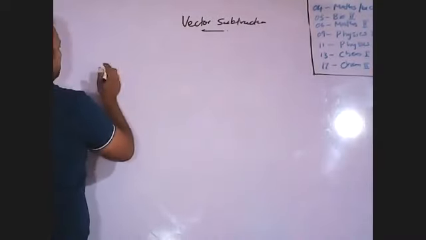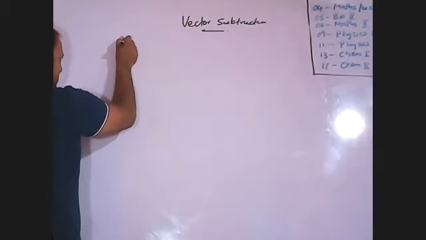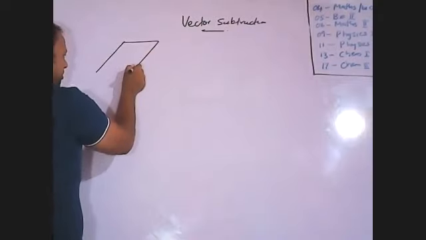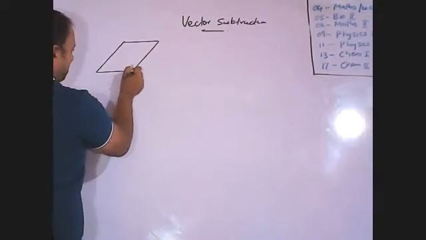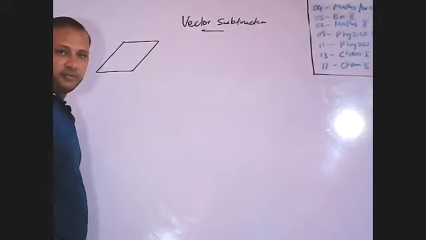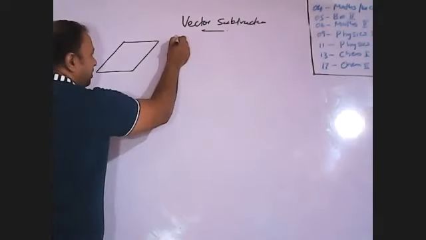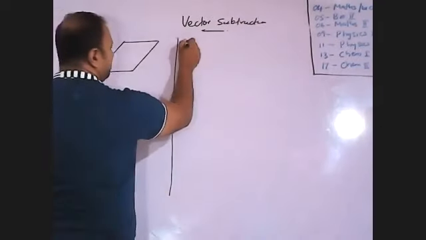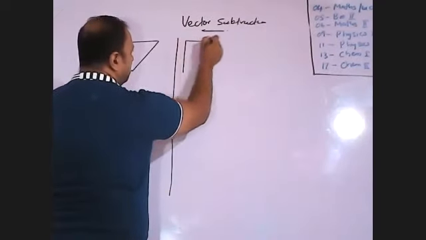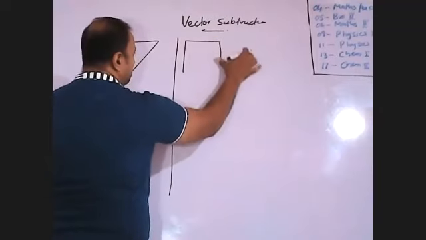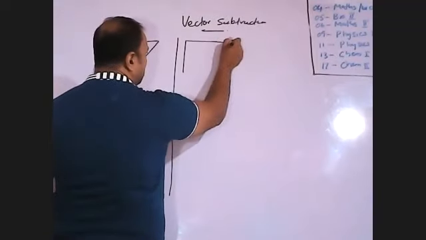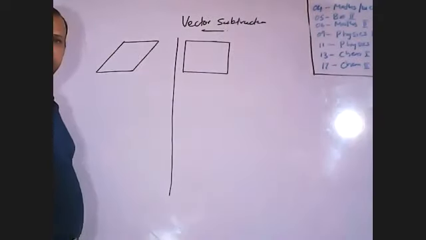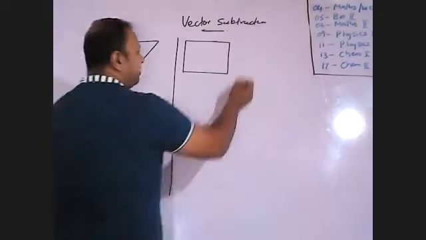The first one is this shape. This is one shape. Then the second shape. This is the second shape. Then the third.